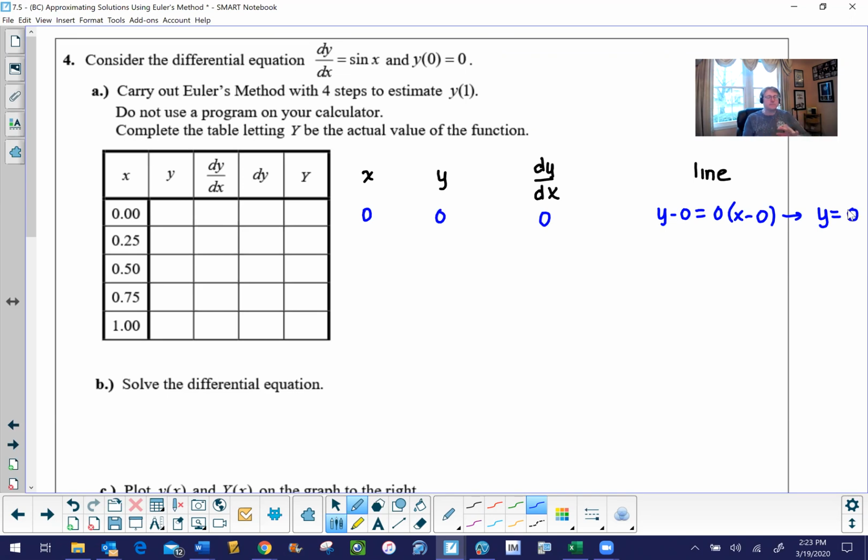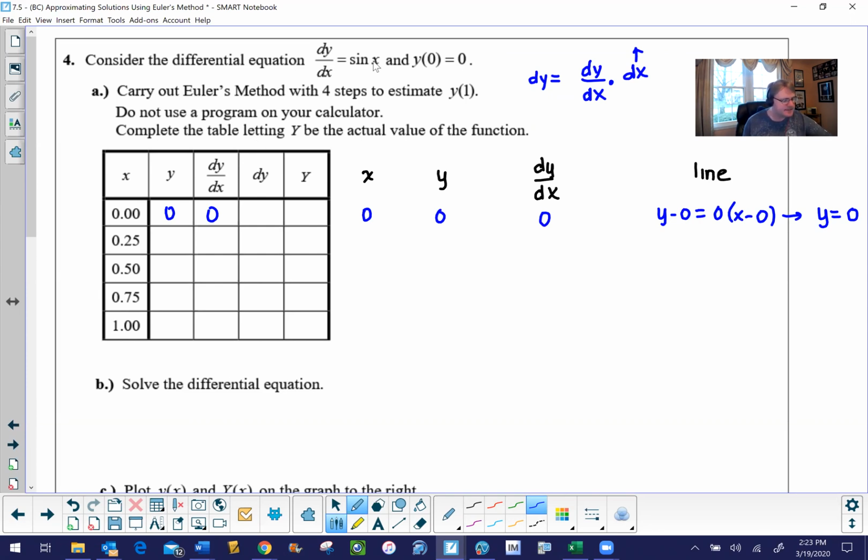So if we want to pause here and we could fill out our table, we know that the y is 0, the dy dx is 0, and then remember the dy, in this case, is nothing more than dy over dx times the dx, and the dx is the same as what in this problem?